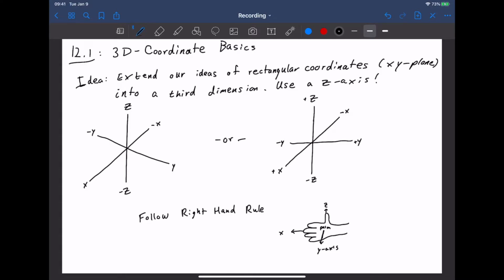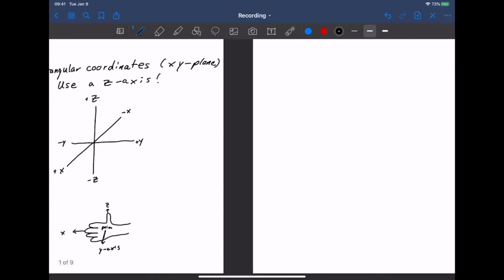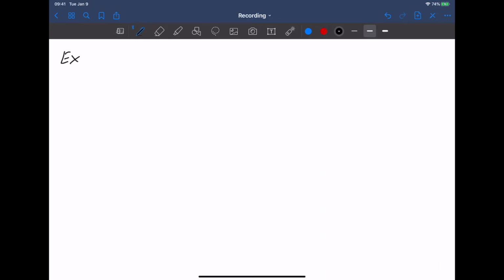So, here we go. Let's do an example. We're going to try to graph the point 2, 3, 4. Basic point. In this system, our coordinates are x, y, z. Still in alphabetical order, the x and the y still come first.